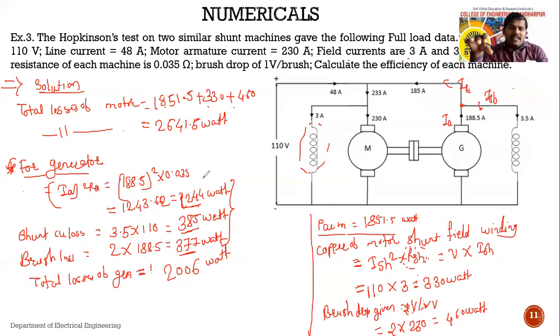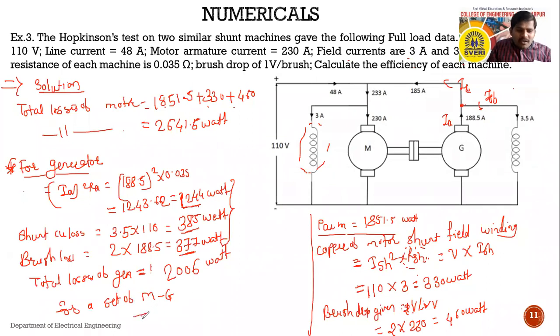For calculating the constant losses, we take both machines combined, so I am writing here for the set of motor and generator, that is the MG set.